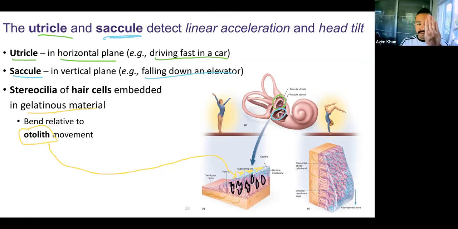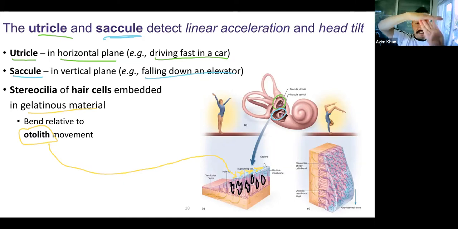Let's say these fingers are hair cells. If you have something heavy sitting on top of these hair cells, let's say you move quickly this way. If there's nothing sitting on top of the hair cells, nothing happens to the stereocilia. But if something heavy sits on top and I quickly move, my fingers bend, the stereocilia bend.